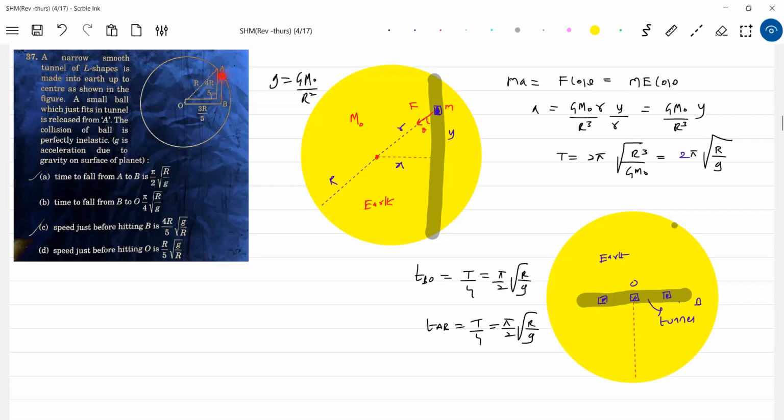Do we know the amplitude? 4r by 5. And do we know omega? We know omega. So A omega. Or else, if you say, sir, I don't know SHM, what you should do is calculate the potential at this point and the potential at that point, then apply conservation of mechanical energy. I'll bring both ideas. So what is the expression for speed at B? It should be equal to amplitude times omega. Amplitude will be 4r by 5, and what is omega? Omega is what we have here, no?